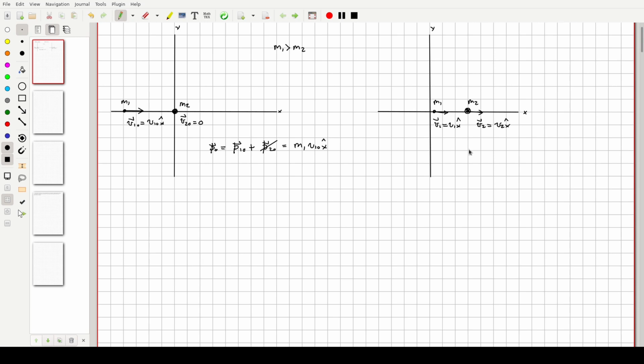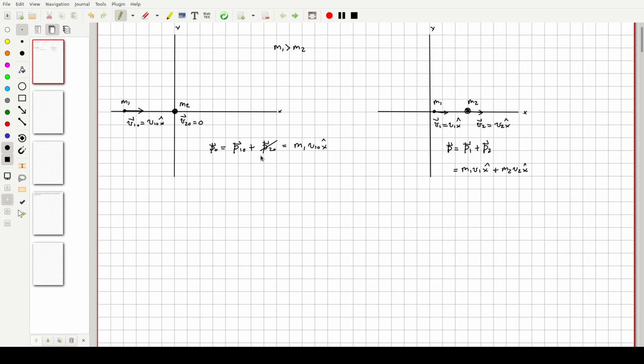Now, after the collision, you're going to have the momentum of object 1 plus the momentum of object 2, m1 v1 x hat plus m2 v2 x hat.